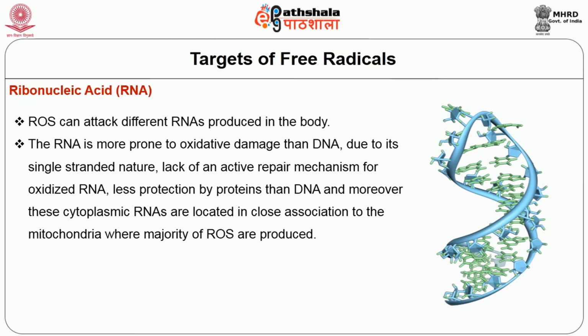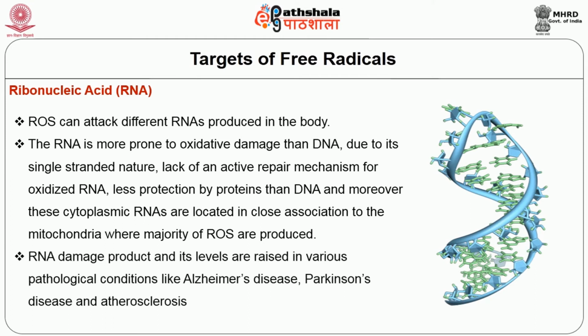Moreover, these cytoplasmic RNAs are located in close association to mitochondria, where the majority of the reactive oxygen species are produced. RNA damage products are raised in various pathological conditions like Alzheimer's disease, Parkinson's disease and atherosclerosis.